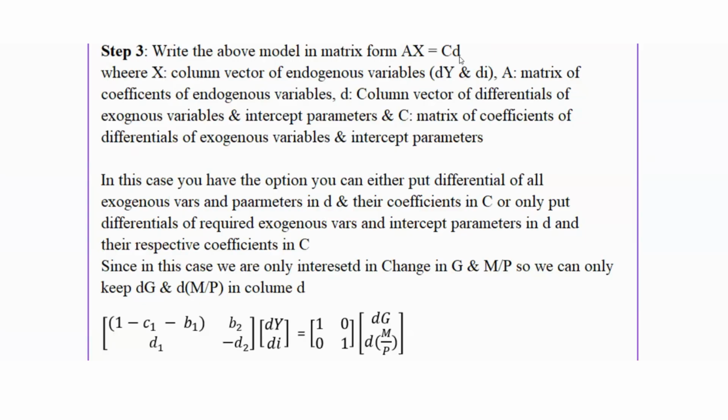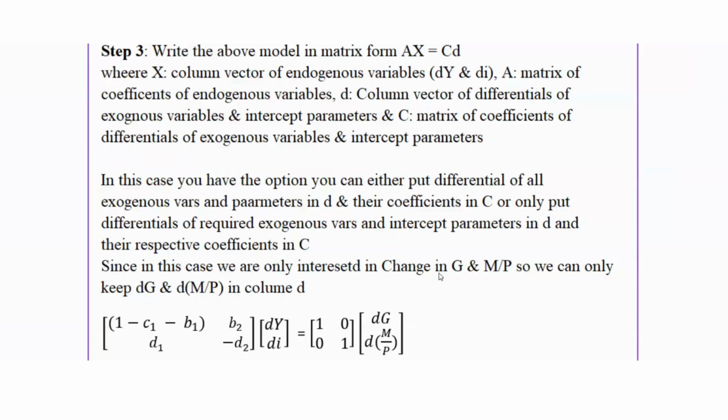variables. So in D, we have the option to only put differentials of those exogenous variables and intercept parameters that we're interested in. We don't have to put all differentials that are on the right hand side in this, only the ones we are interested in. And C is going to be the coefficient matrix, which includes the coefficients of those differentials of exogenous variables and intercept parameters. In this case, we are only interested in changes in government spending and real money supply.